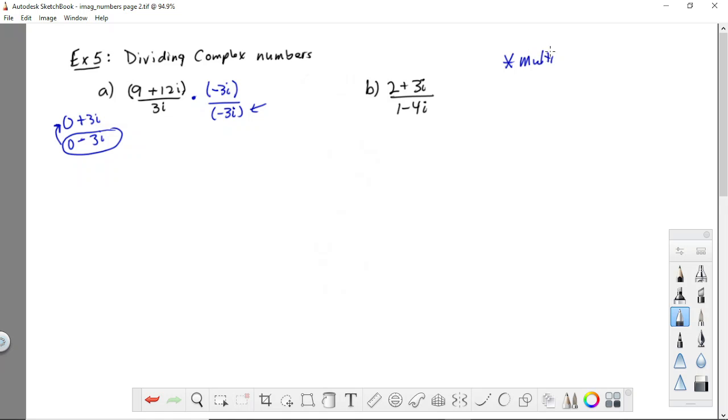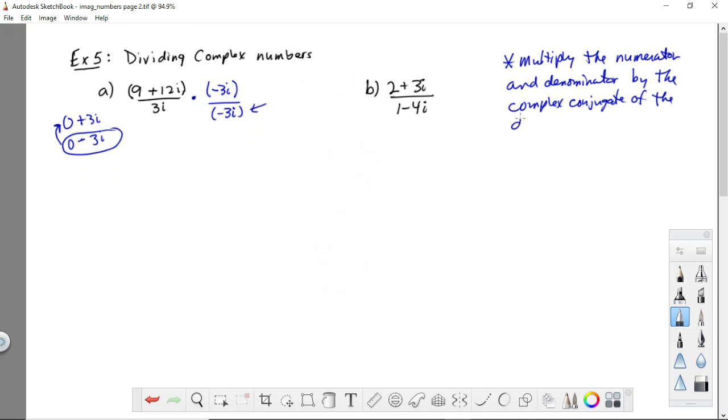Multiply the numerator and denominator by the complex conjugate of the denominator. Okay.